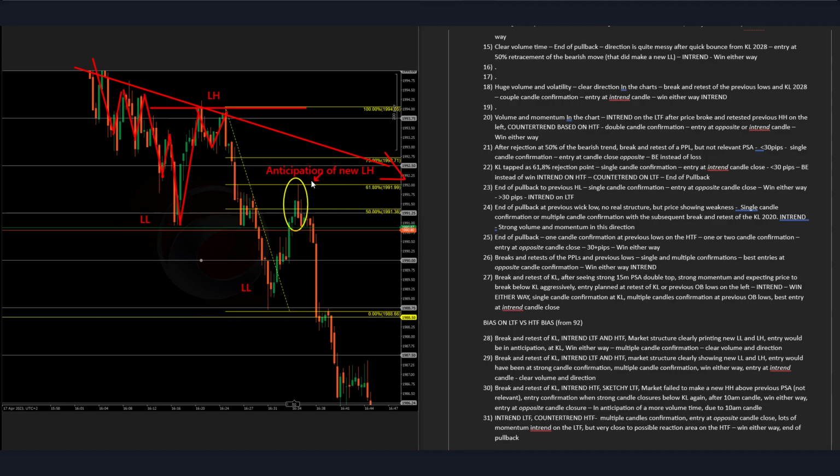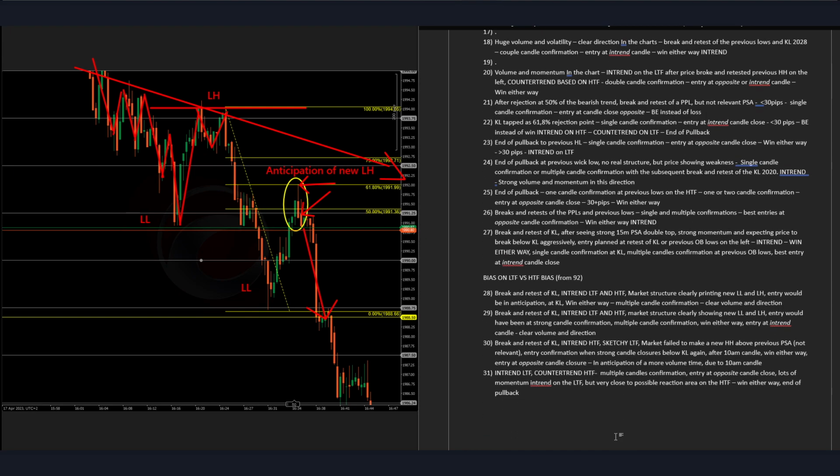So this is also very nice, the 61.8 retracement and tapping. It's not a candle close at the 61.8, but there's a very good candle confirmation for it. Best entry would have been, of course, at this candle close when the candle is closing bearish. And that's very simple.